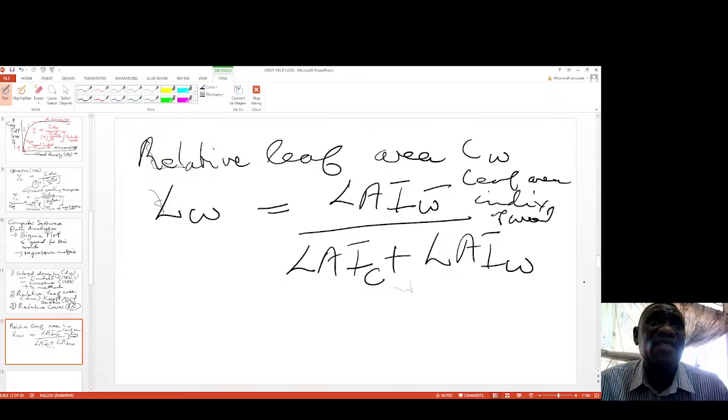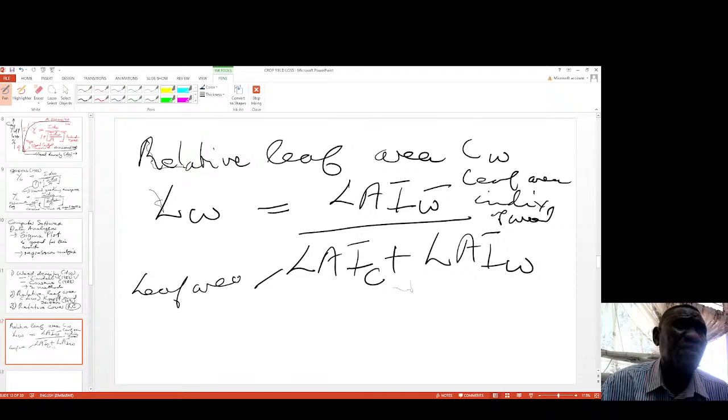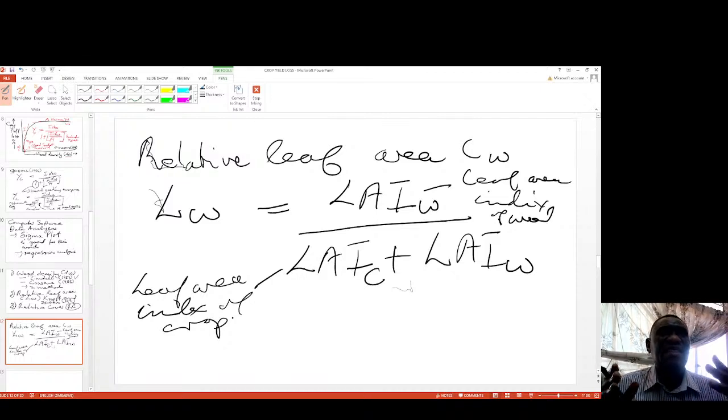Okay, sorry about that. So we've got leaf area index of the crop. So this is how they determined the relative leaf area. You need to measure leaf area index of the weed and leaf area index of the crop. Then using that ratio, you get a relative leaf area. I don't know whether this is easy or even more complicated.